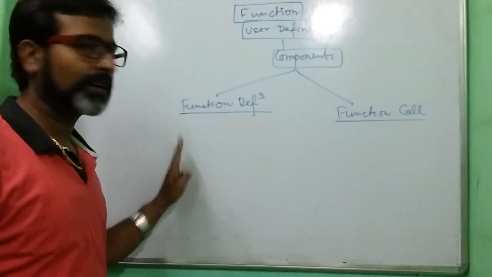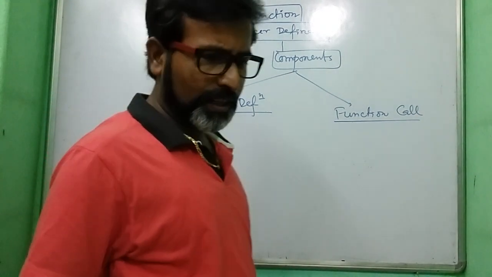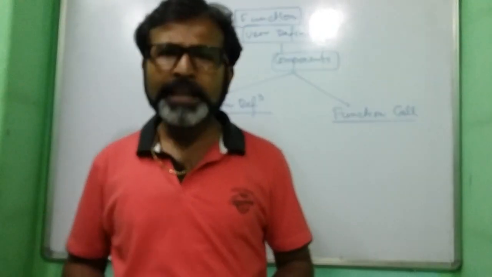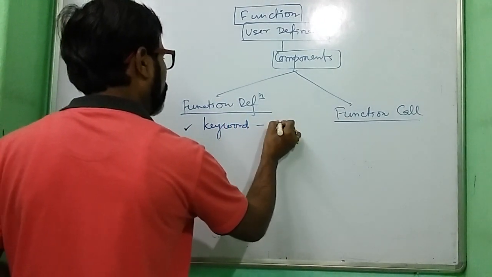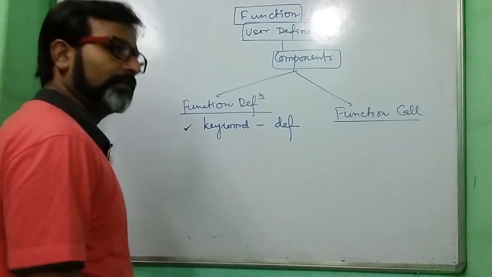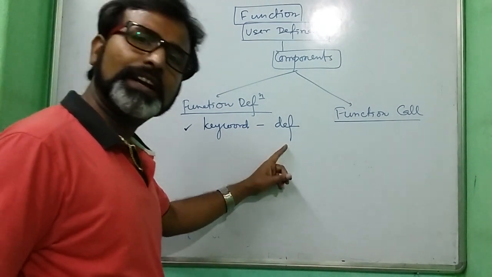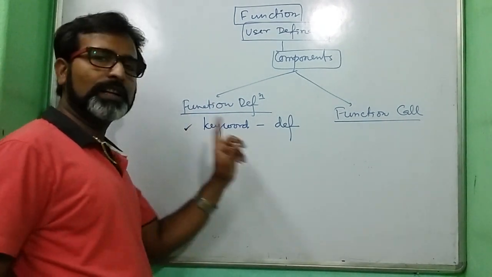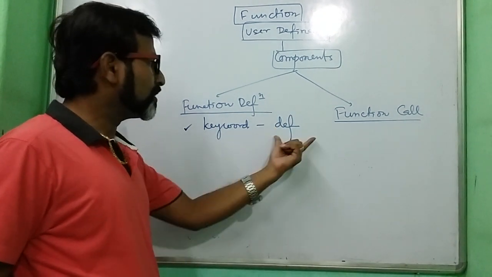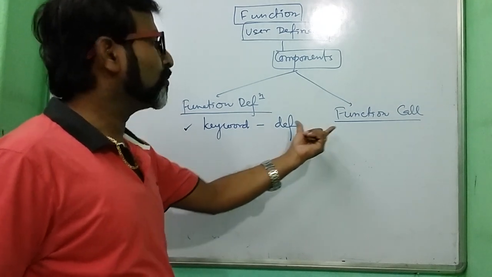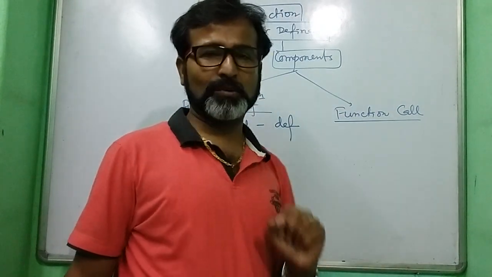So let's take them apart. First concentrate over here, function definition. Under function definition, the first thing is I need to use one keyword. While I will define a function, the keyword will be def, not define. Once you use the keyword def, then you need to write the name of the function and one colon is required.